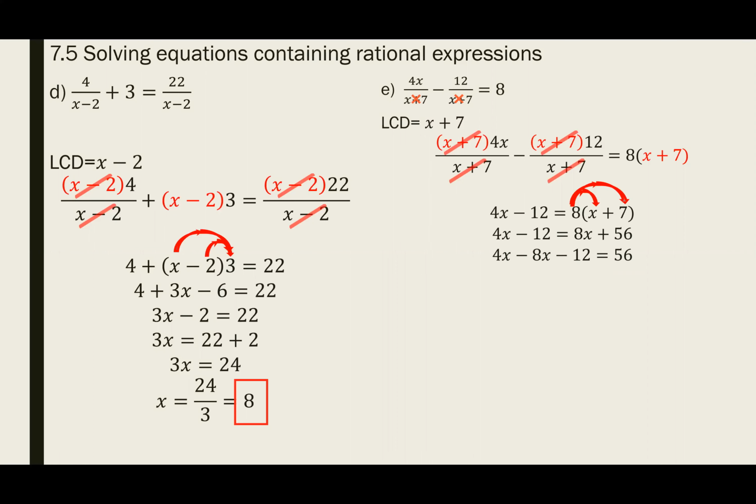So for me, I move the x to the left by subtracting 8x to give me 4 minus 8, which gives me negative 4. And then if I move the x to the left, I need to move the 12 to the right. And if I move the 12 to the right, I have negative 4x equal to 68. And then I divide this by negative 4 to give me negative 17.